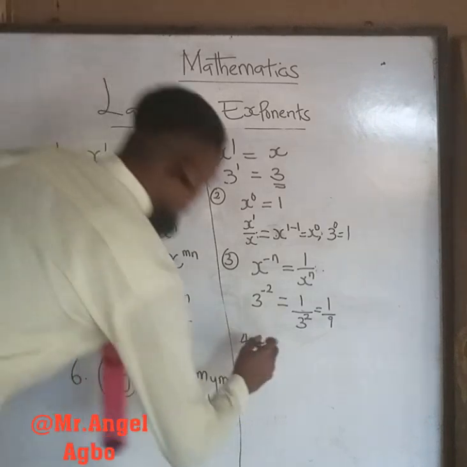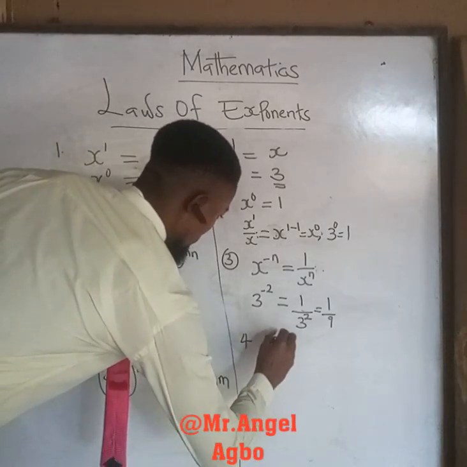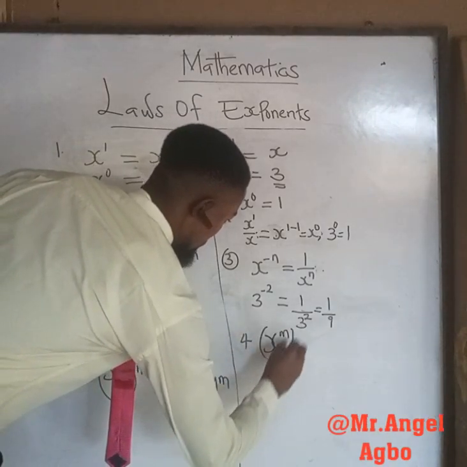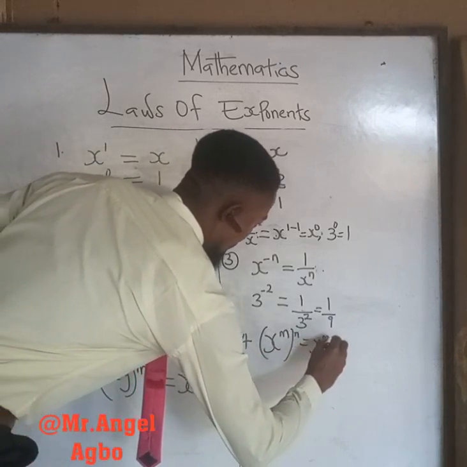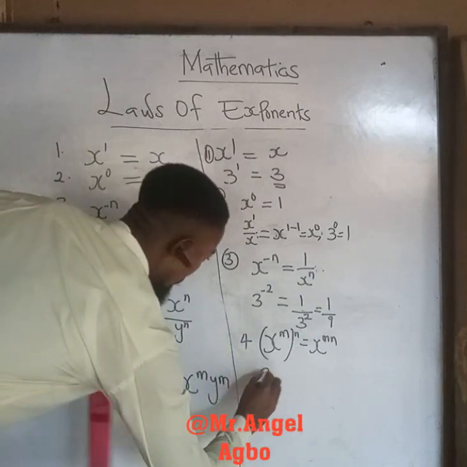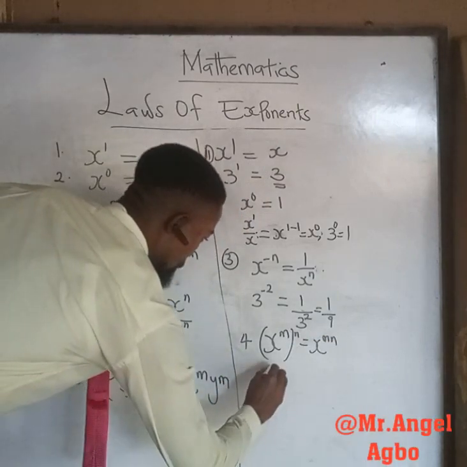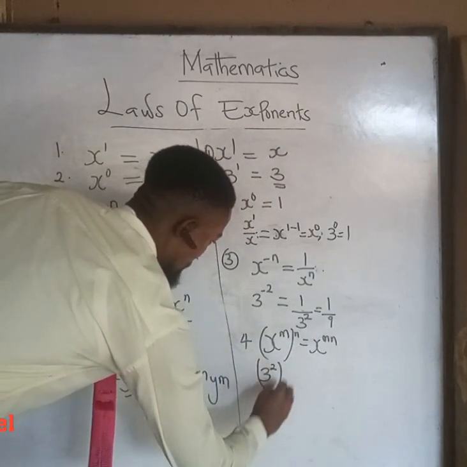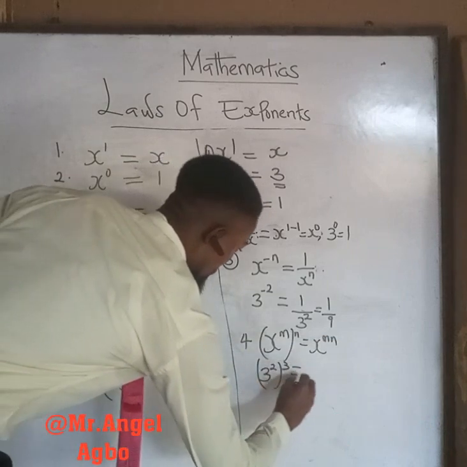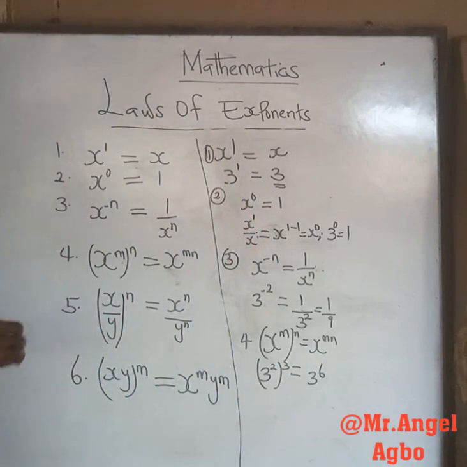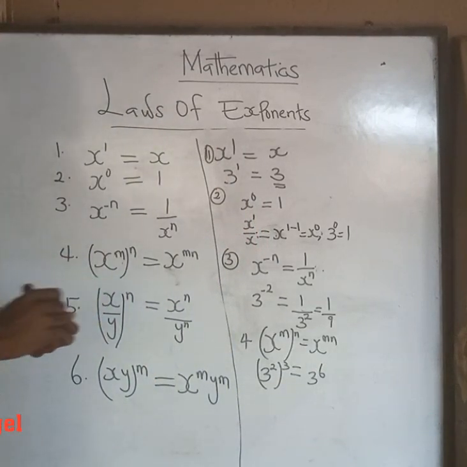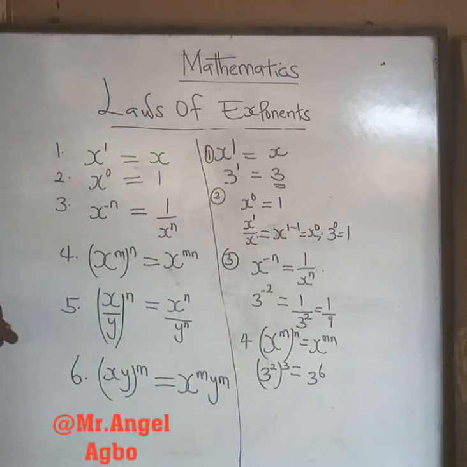Now, x raised to the power of m, all raised to n, is the same as x raised to the power of mn. Let's use a figure. We have 3 raised to the power of 2, in brackets, raised to the power 3. We're going to have it what? 3 raised to the power of what? 6. Because 2 times 3 is 6. That is what we are saying.